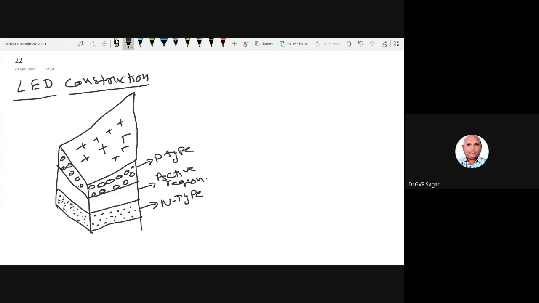So whenever the electron is moving and enters this region, where electrons and holes are, this electron will combine with this hole.